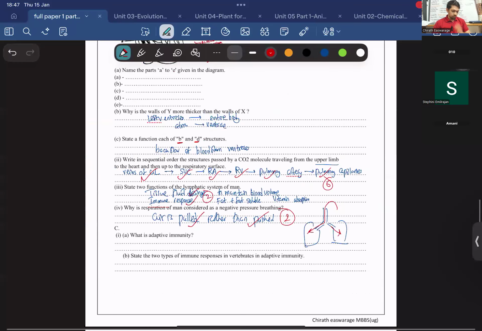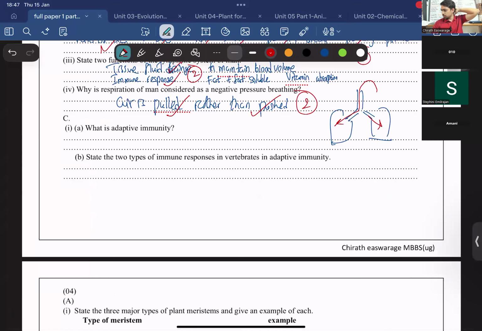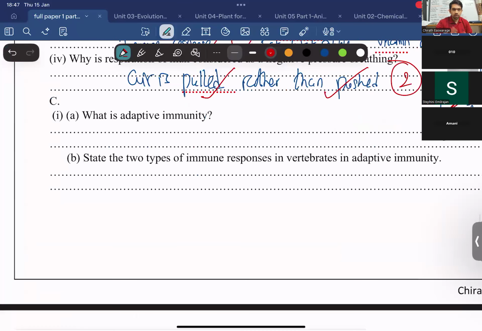Okay. Final part. What is adaptive immunity? Give me some other names for adaptive immunity. Specific immunity. Active immunity. So what is the definition? You have to write the definition. I'll read out the definition. When I'm revising immunity, we'll talk about this in detail.